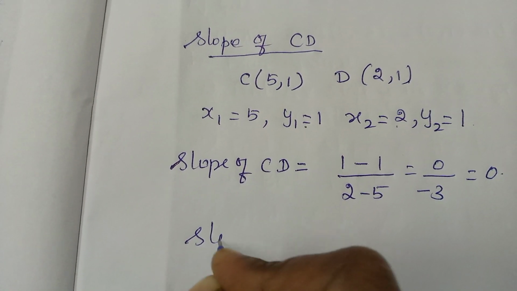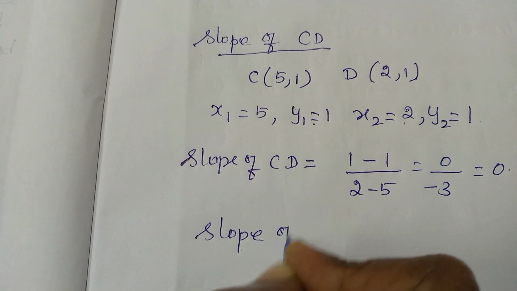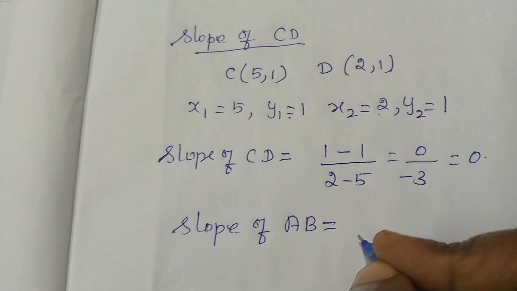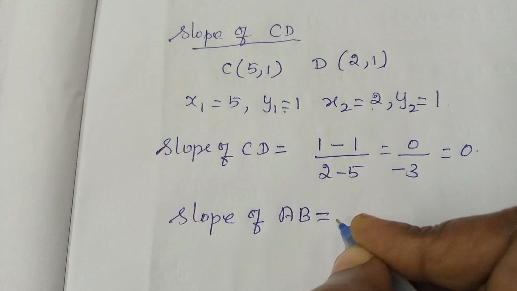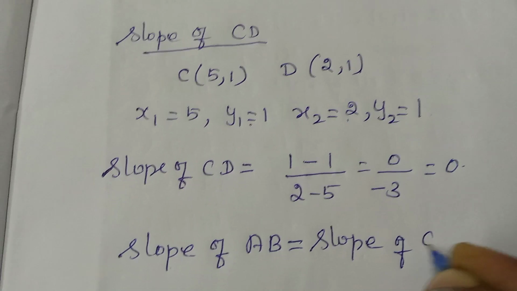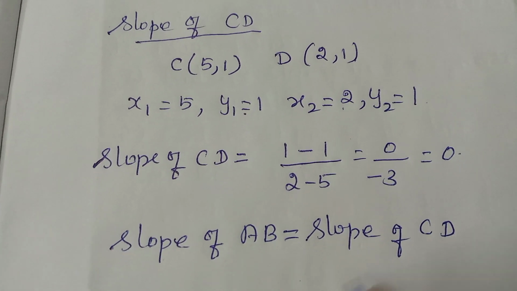So slope of AB is 0 as well as slope of CD is 0. So we can write slope of AB equal to slope of CD. Okay, first subdivision over.